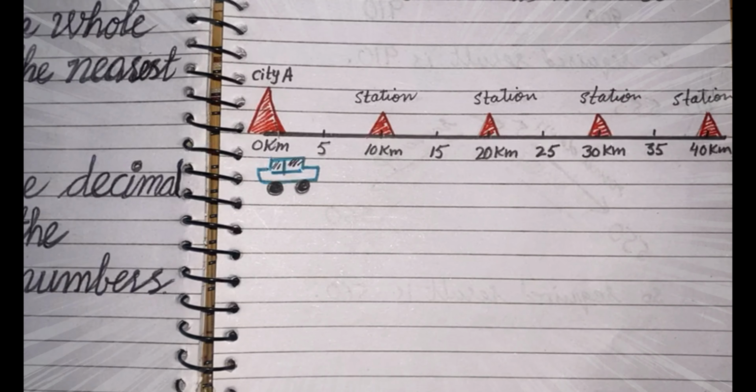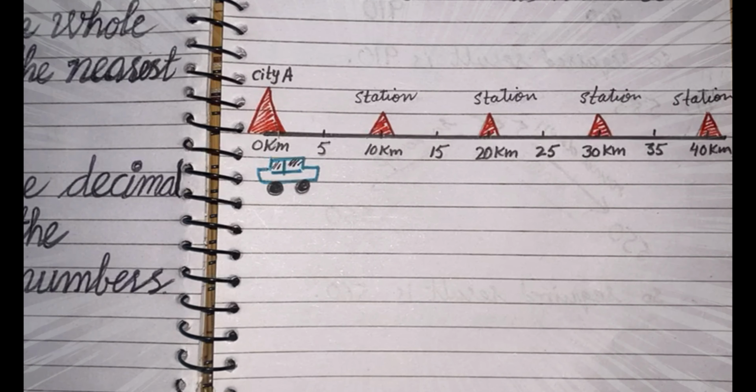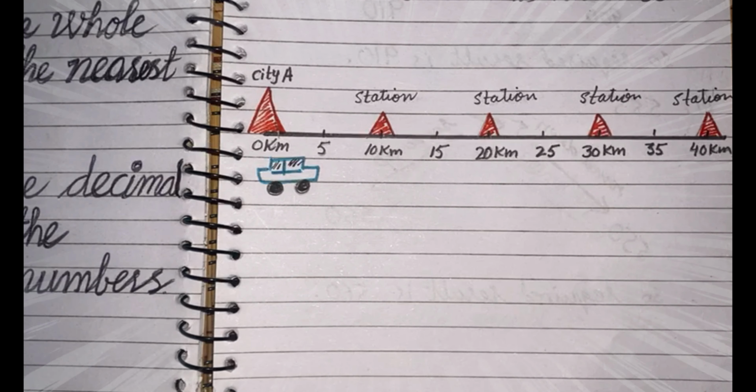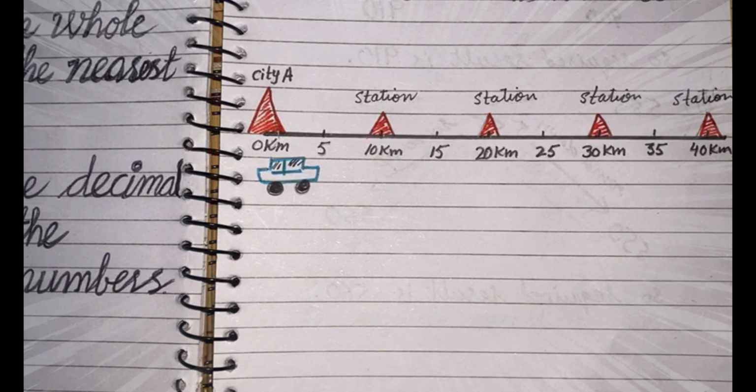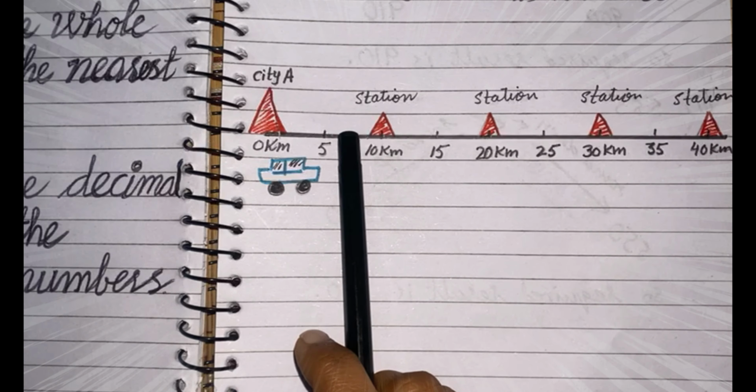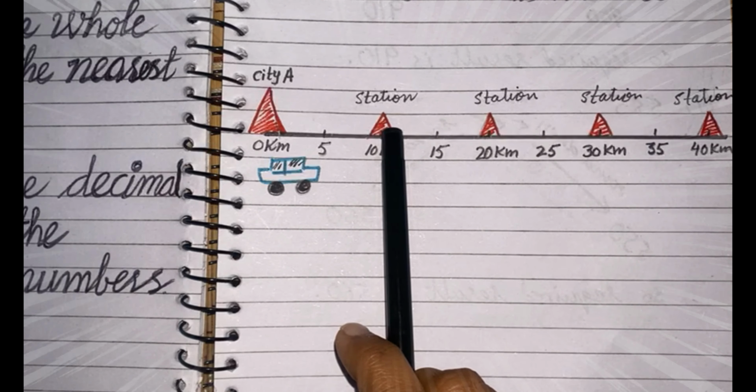If Ahmad is driving a car from city A to city B, and on the national highway there is a pumping station after every 10 kilometers, and Ahmad wants to refuel his car when he is at the 7th kilometer, which pumping station will he prefer, the one at 0 kilometer or the one at the 10th kilometer? 7 lies between 5 and 10, and he will prefer the station at 10 kilometers because 7 is nearer to 10 than to the 0 kilometer station.